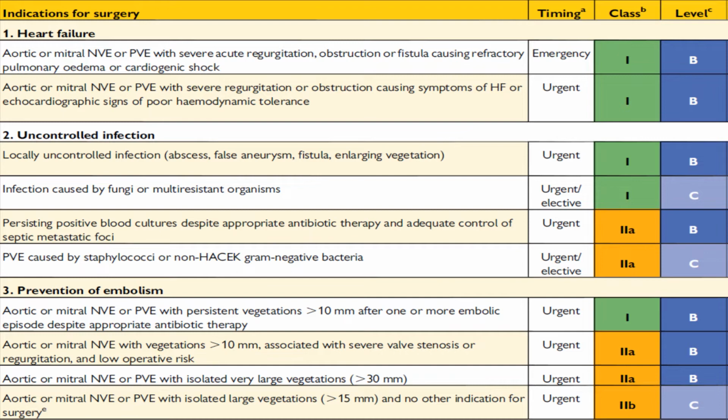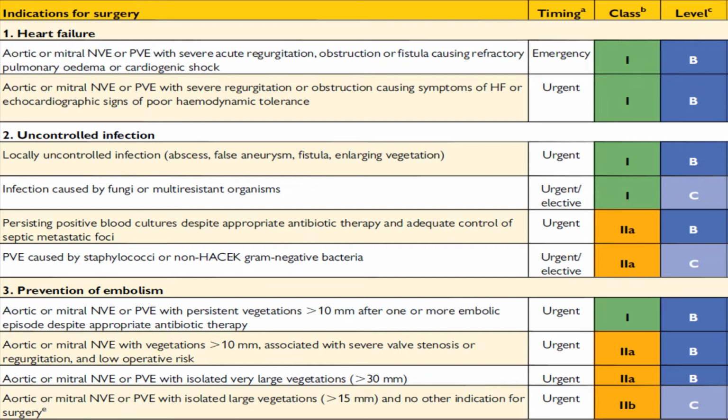If the obstruction from the valve is too severe to control with medication, you should consult surgery or CVT to consider surgery or valve replacement. This is the only indication where we consider emergency timing to consult for surgery. The others are urgent or elective.